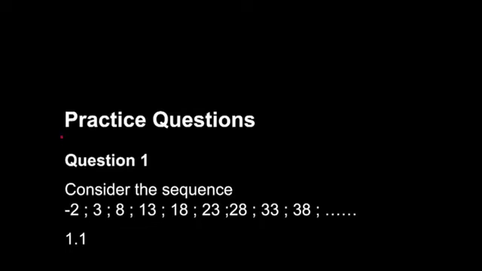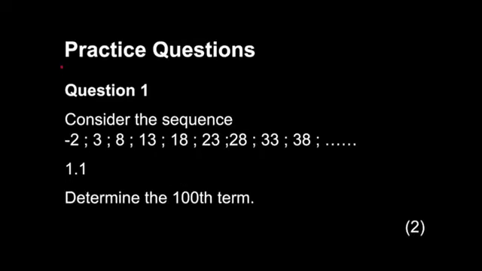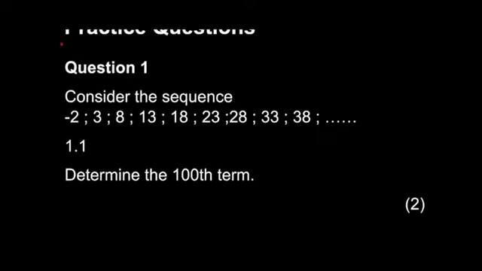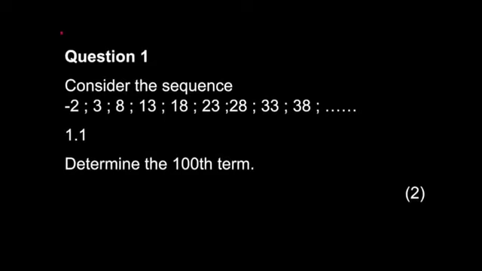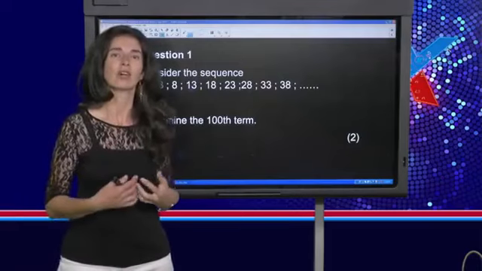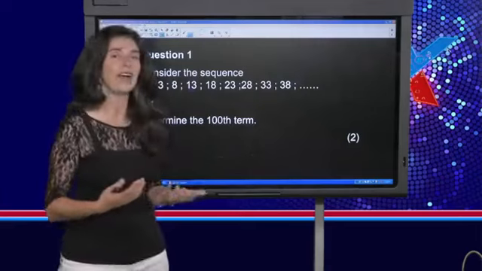And we're going to look here, firstly, at the sequence -2, 3, 8, 13, 18, 23, 28, 33, 38. I think that they've given us something to think about, because we first need to establish what kind of sequence I have.